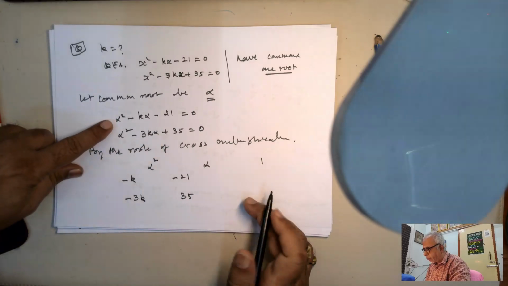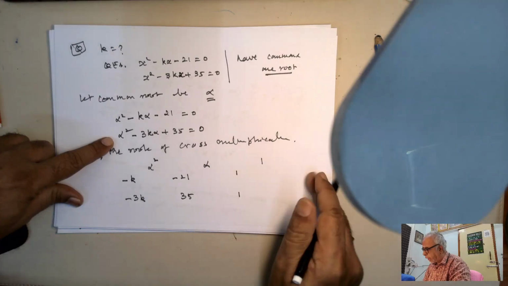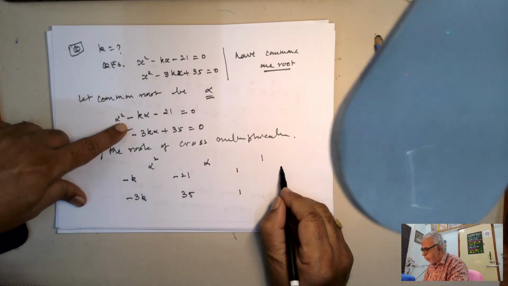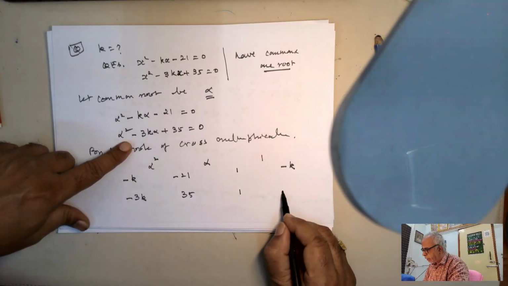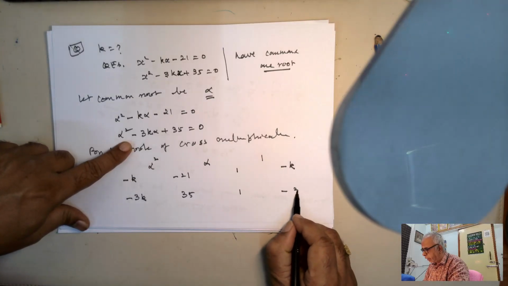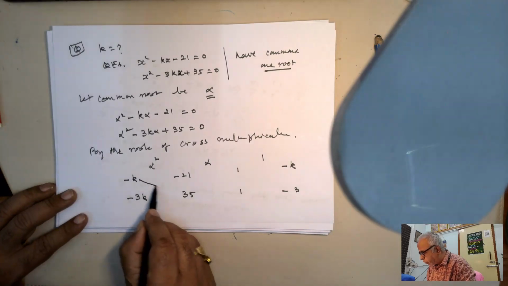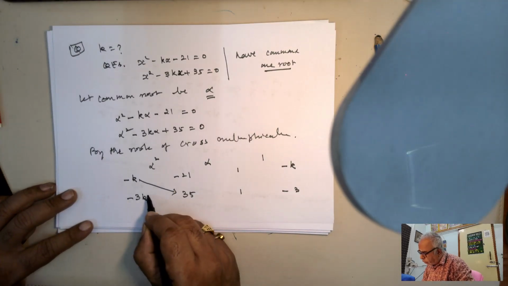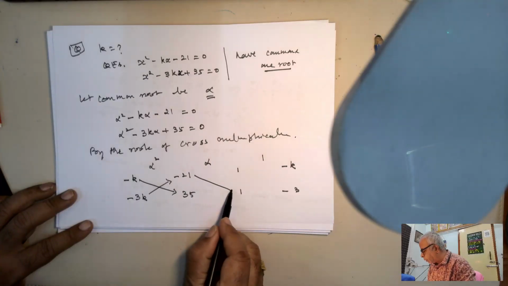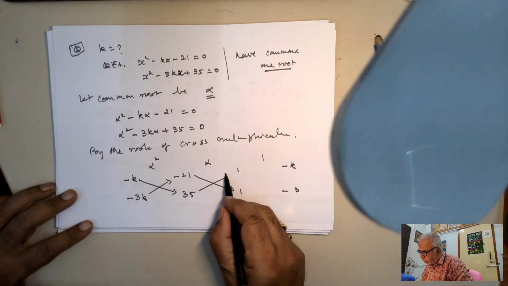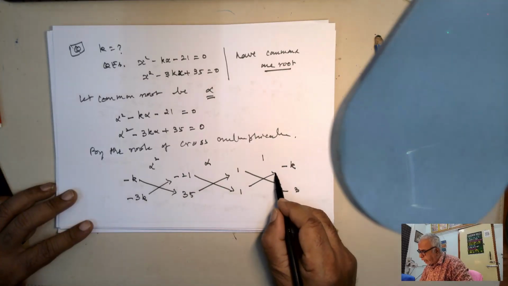And again here, 1, 1, and minus k and then minus 3. Are you able to follow? Now cross multiply, and when you cross multiply, you have to introduce negative sign.